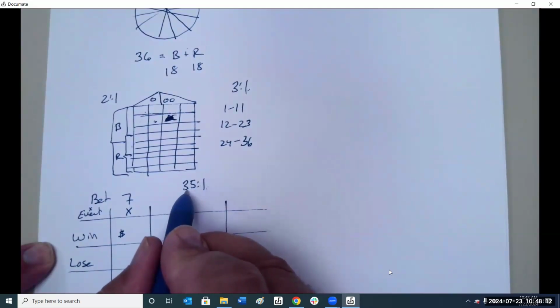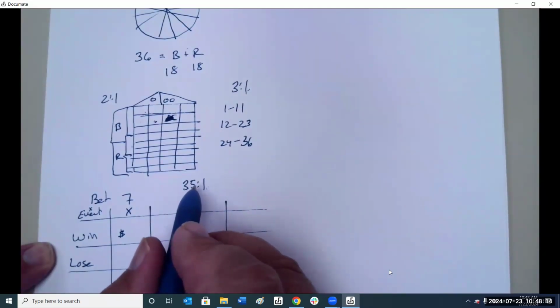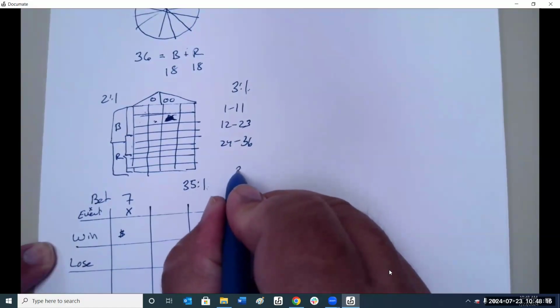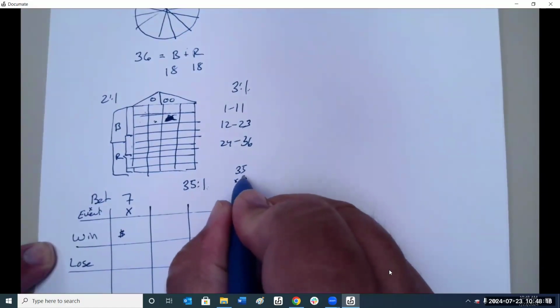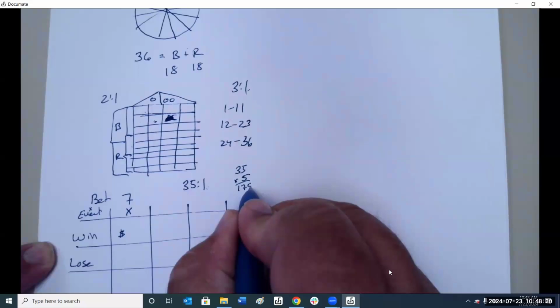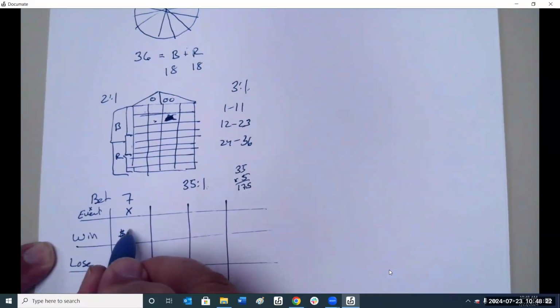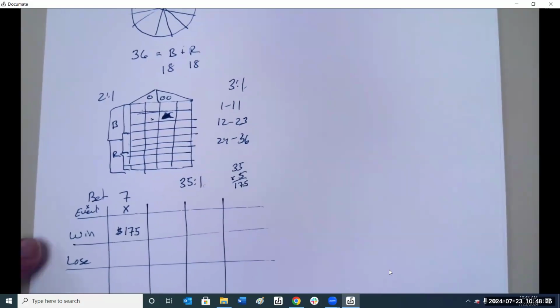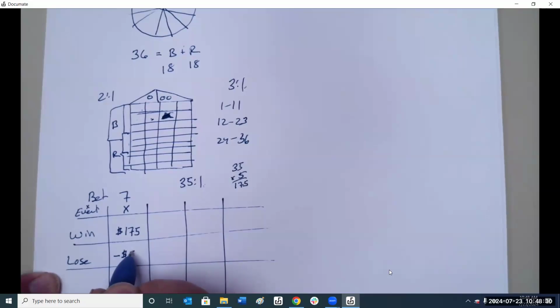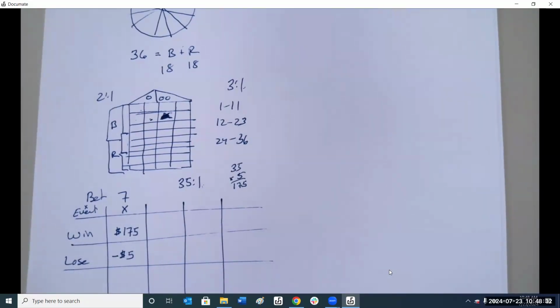You bet $5 and it's 35-1 if you win. So 35 times 5 is 175. If you win, you get 175. If you lose, you get -5 because you lost your bet.